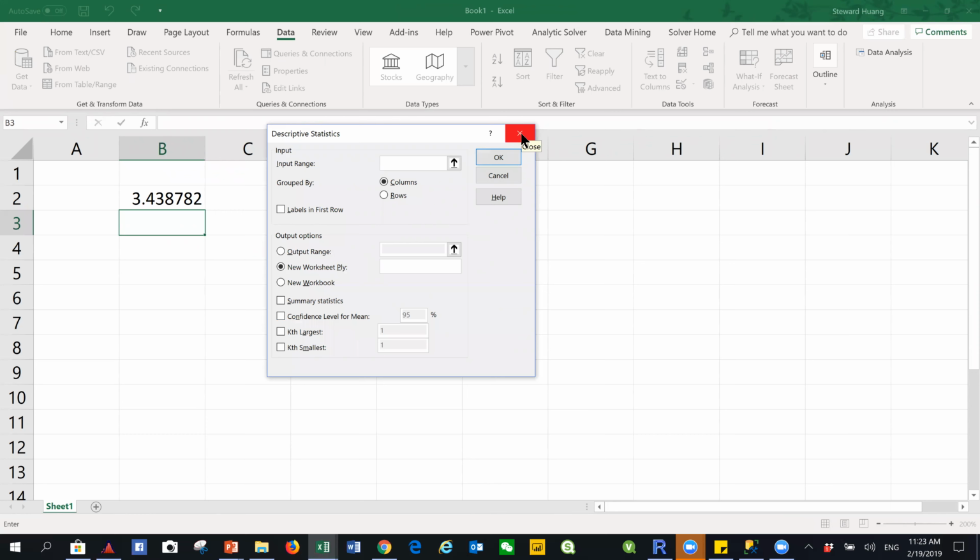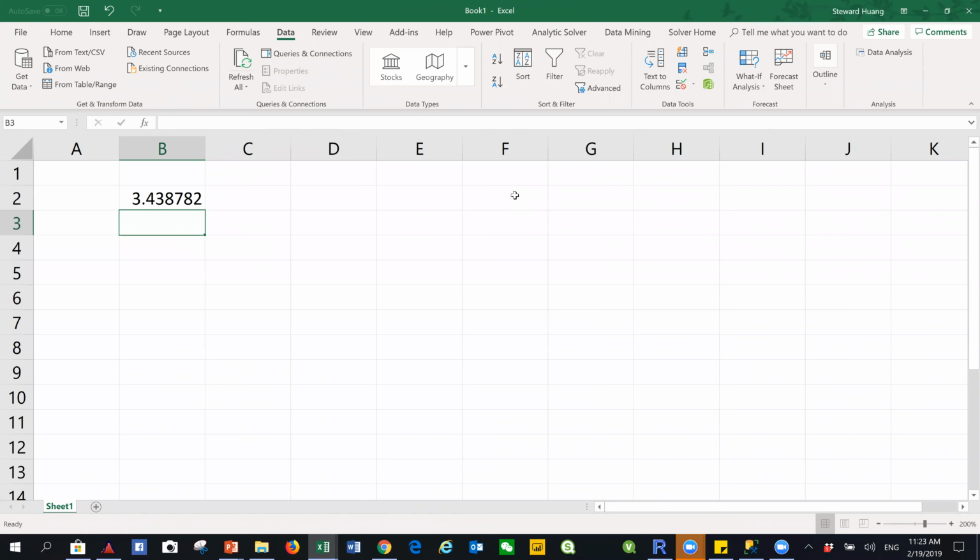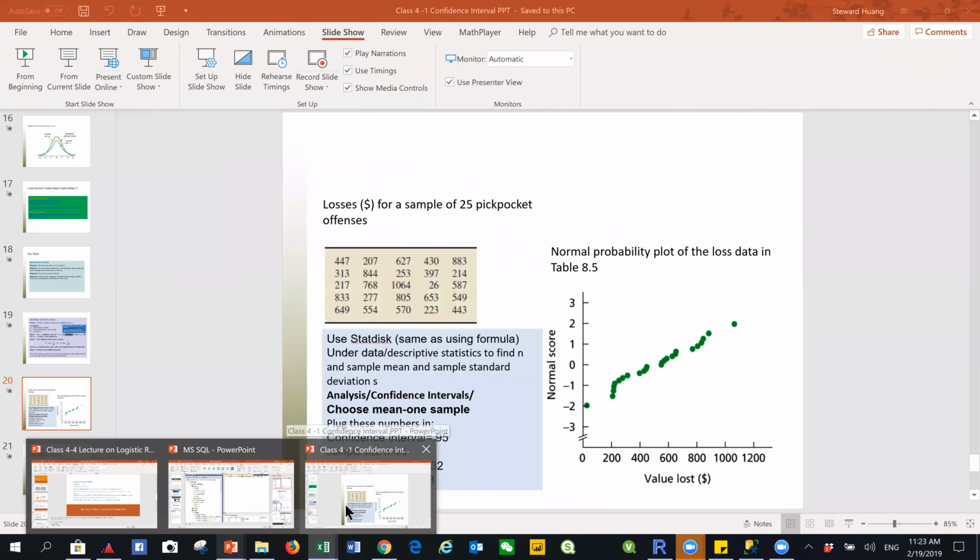So later you will see that for the third project you can download Real Statistics as an Excel add-in, in which you will definitely have the QQ plot, normality plot. Okay, very good. I think this is good for the interval estimation.